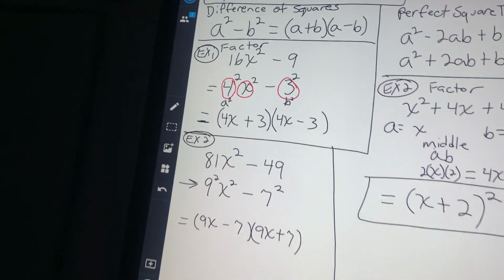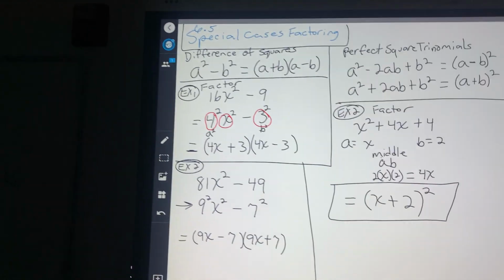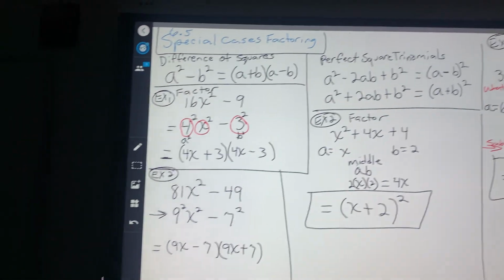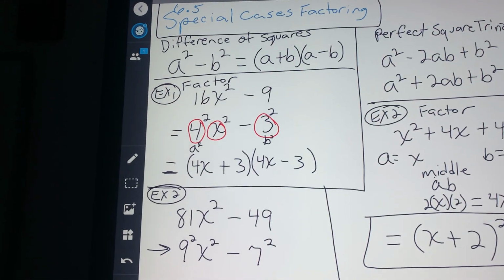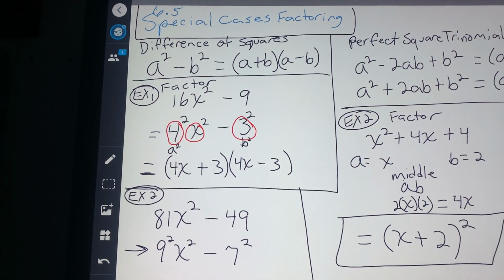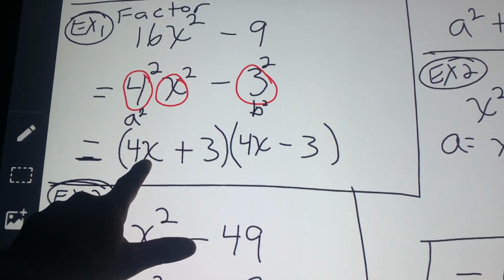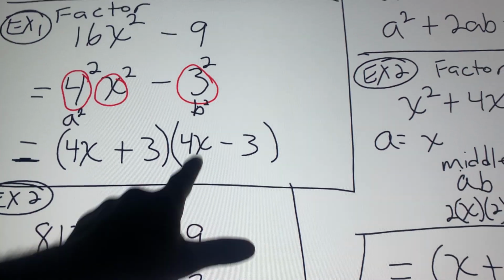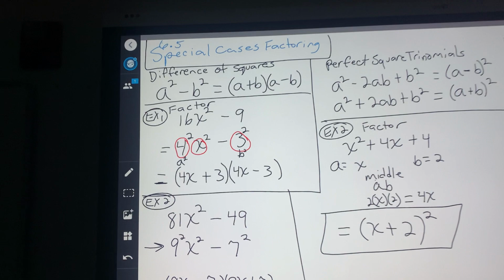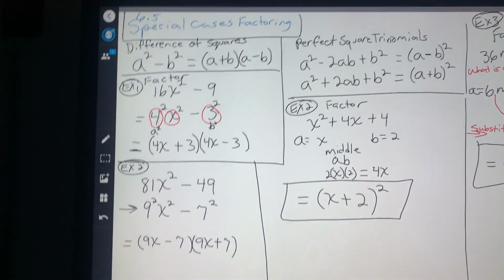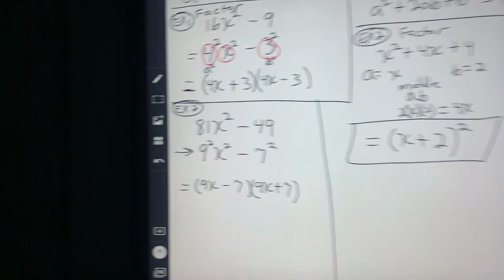So the square, and remember that x squared, if we think about what that is, that's x times x. So that's why we have the x here and x here, x times x. So that's how we can look at these types of problems.